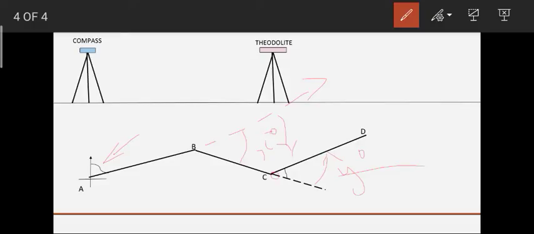You got the deflection angle. How? Once you transit the telescope, loosen the upper clamp and bisect the point D, you will get a deflection angle, right? You have to take it down.